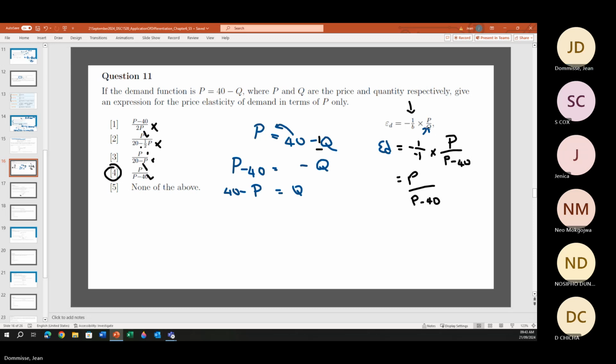They brought in 2p there. It was only in that one where there was a 40, which might throw you off, but all the other ones were definitely wrong.